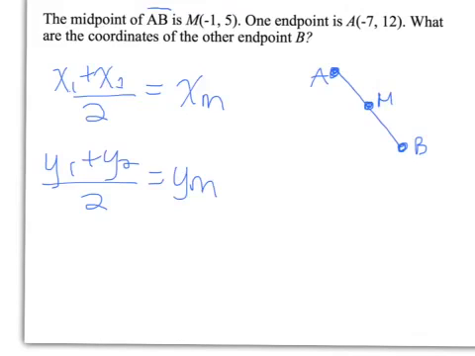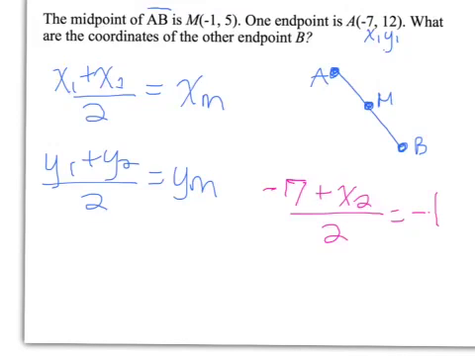So we know that, let's say, x1 and y1 are -7, 12. So let's plug those in. Here, we'll plug in -7, but we don't know what x2 is, but we know when it's divided by 2, we get the midpoint coordinate.